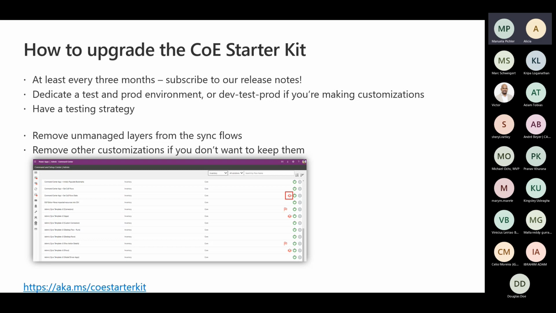The reason we say every 3 months is not because of a product limitation, but because we're a really small team, and we are only able to test upgrades for 3 months back. As part of our release process, we test a new install, make sure that works, and then we upgrade from the past 3 months back. And if that works, then we will ship it.